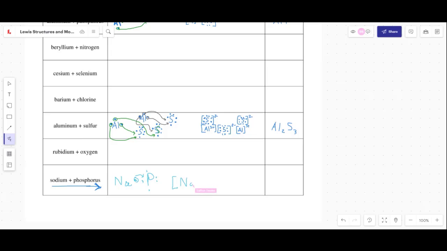Now, is the phosphorus completely satisfied? Does it have a full octet yet? Or do we need more sodiums? There you go. And is the phosphorus satisfied yet?